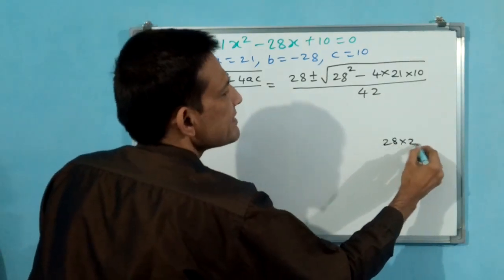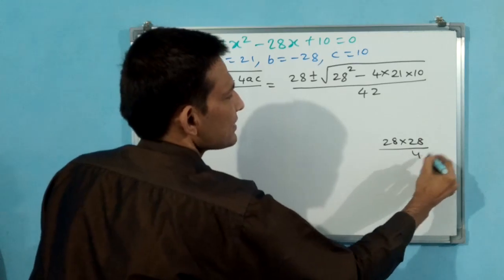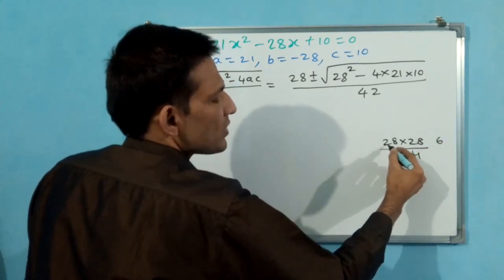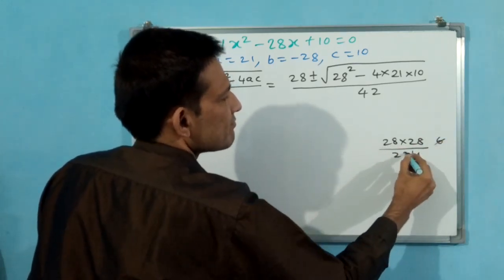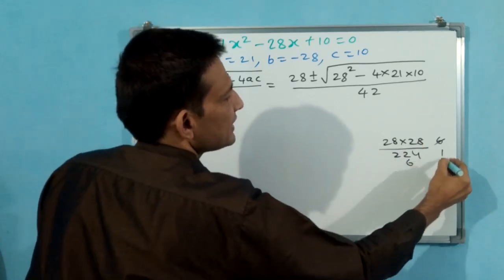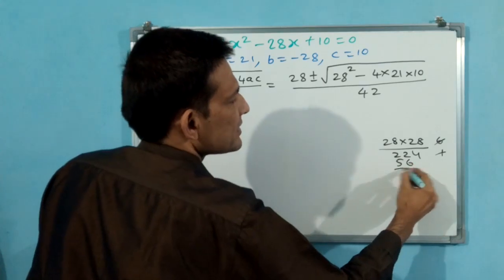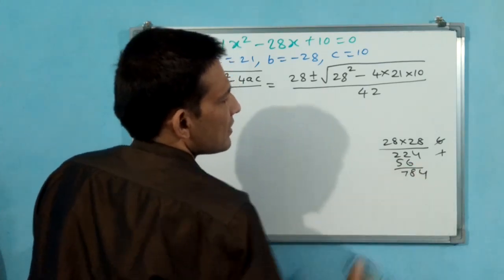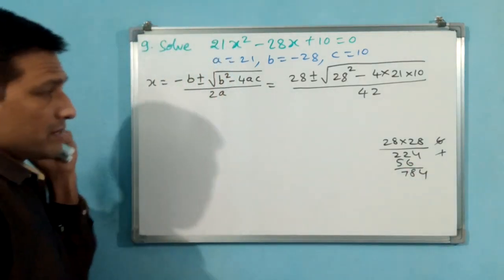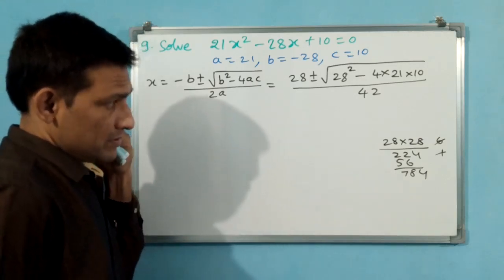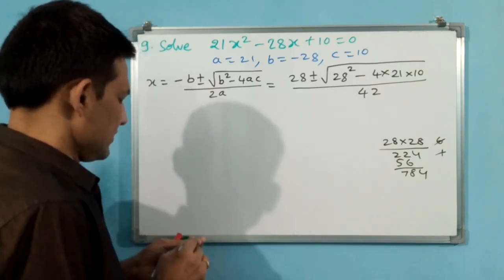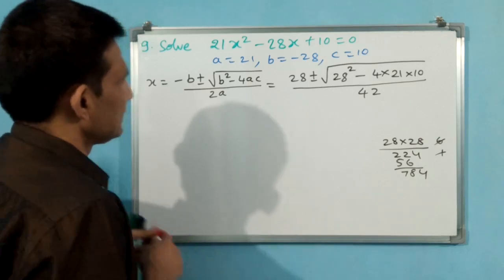Okay, let me write. 8 8s are 64. 8 2s are 16 plus 6, 22. 2 8s are 16. 2 2s are 4 plus 1, 5. 784. Okay, is it correct? 784. Okay. Write down.